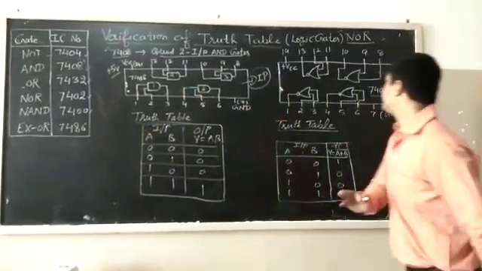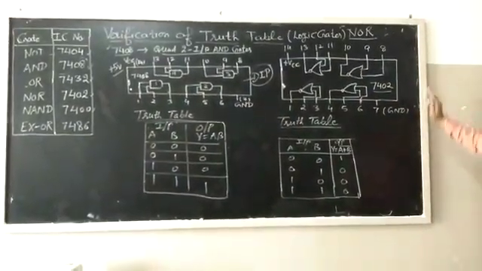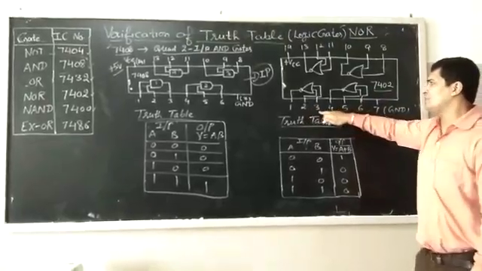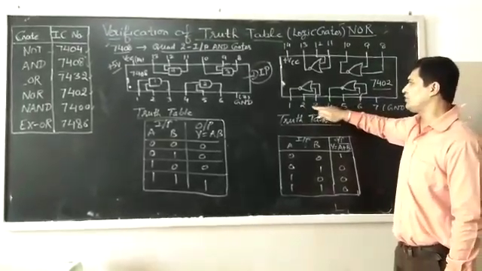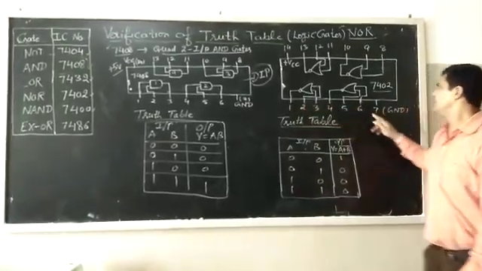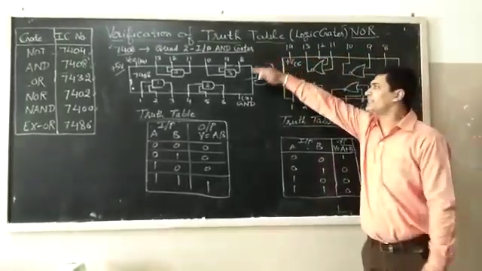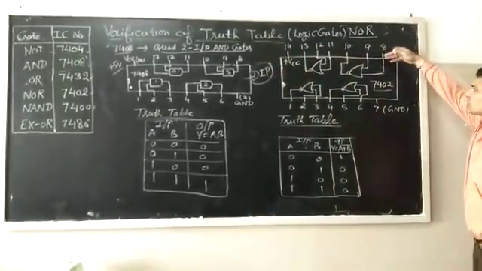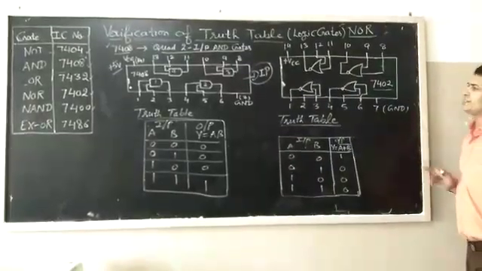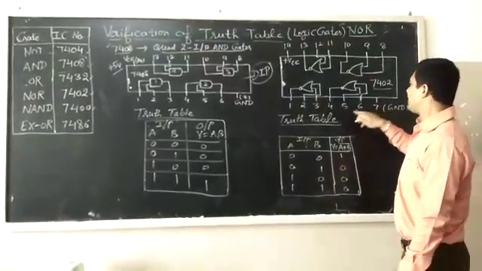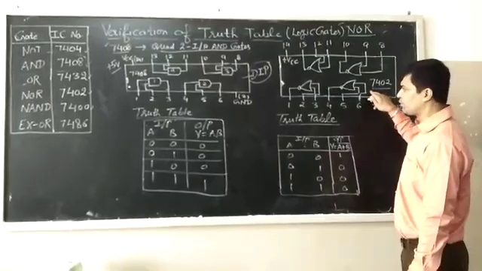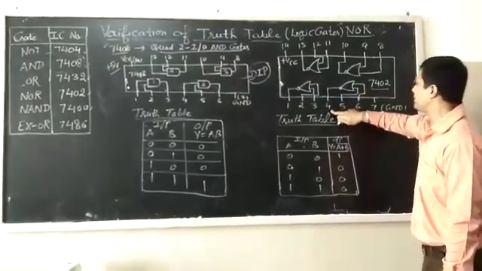For the NOR gate, here input has been applied over terminals 2 and 3, and output is taken across 1. Identical to this, it also contains 4 NOR gates. At pin numbers 5 and 6 input is applied, output is taken across terminal number 4.